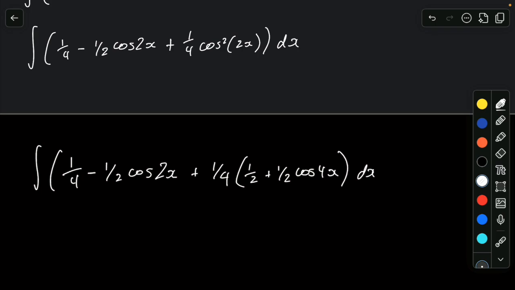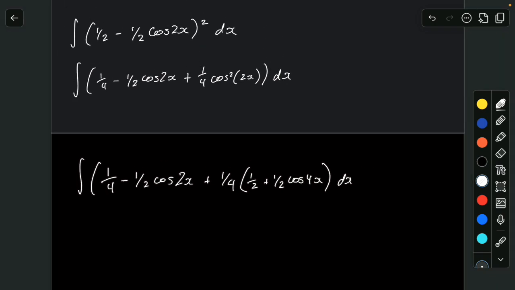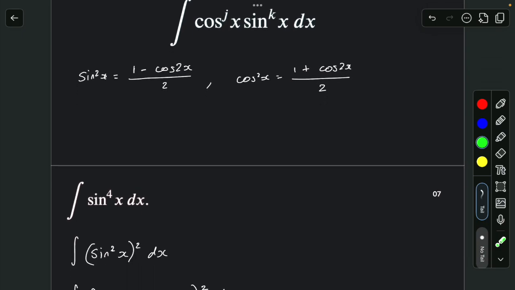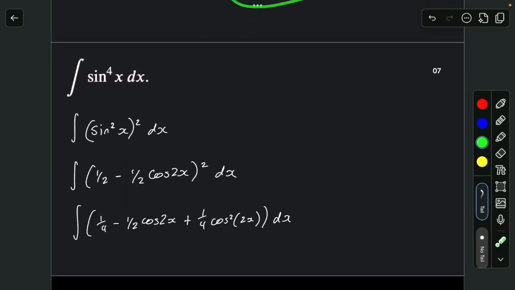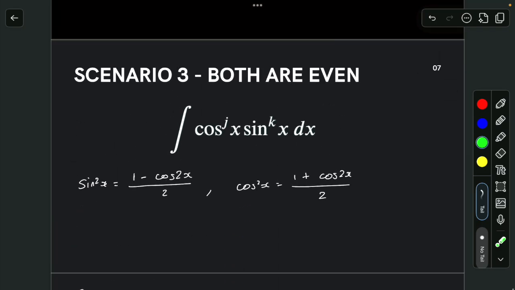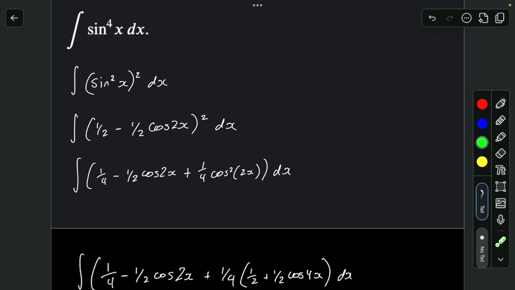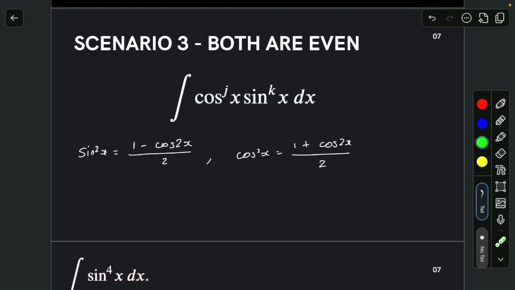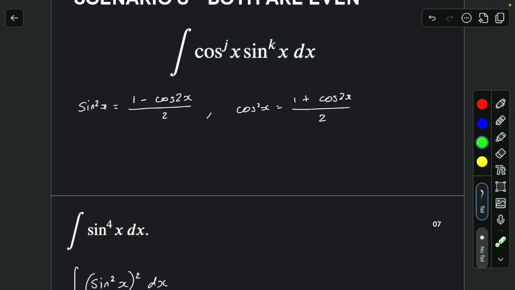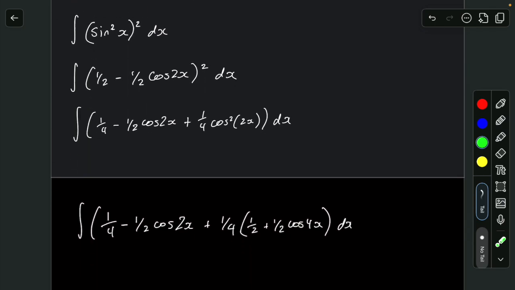Now why have I done that? Because if we go up here, we've just applied this in this scenario. And again, because over here we've got 2x, we're therefore going to have to times it by 2, which gives us the 4.